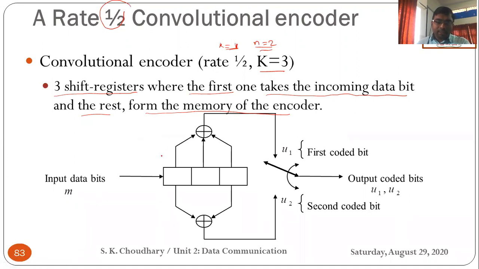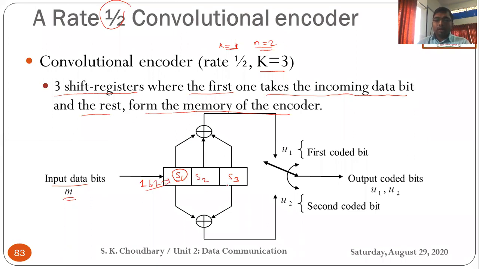So here you can see there are 3 shift registers, S1, S2, S3. Out of these, the first shift register is for receiving the incoming input data bits M, and at a time it takes only 1 bit because there is 1 shift register.